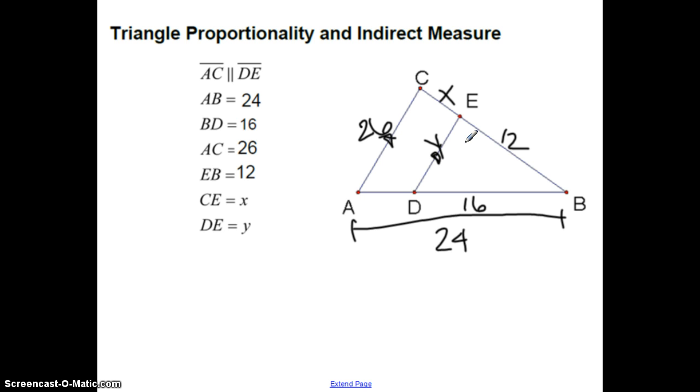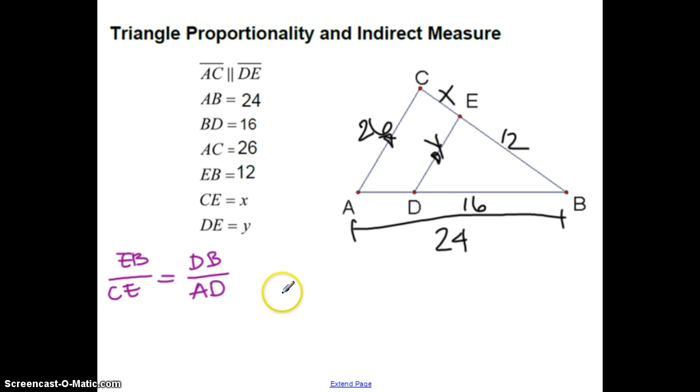Now we're going to start using our properties. Our triangle proportionality theorem tells us that since AC is parallel to DE, then EB is proportional to CE, and DB is proportional to AD.